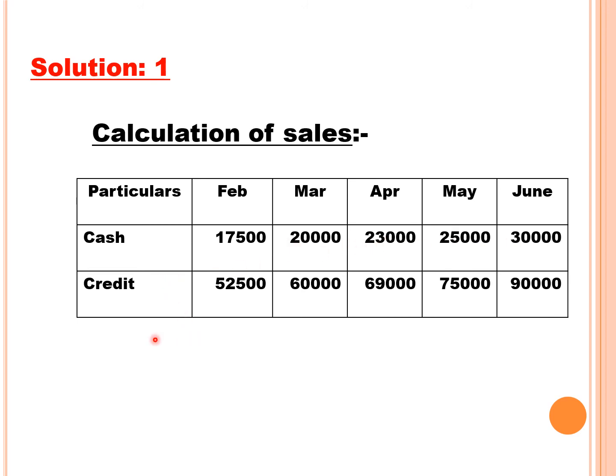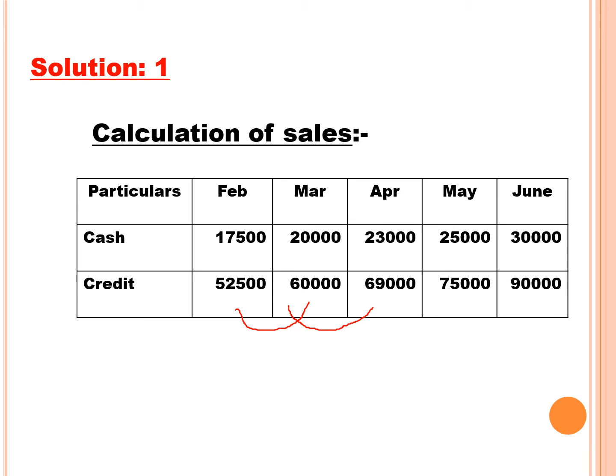But credit sales is not like that, students. In case of credit sales, February sales will be received in March. March sales will be received in April.